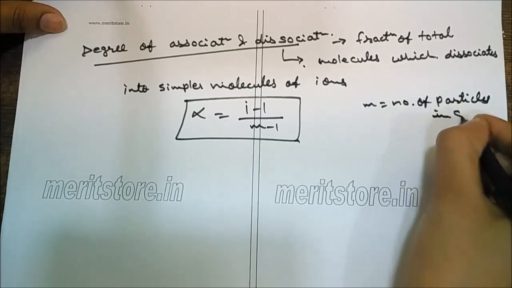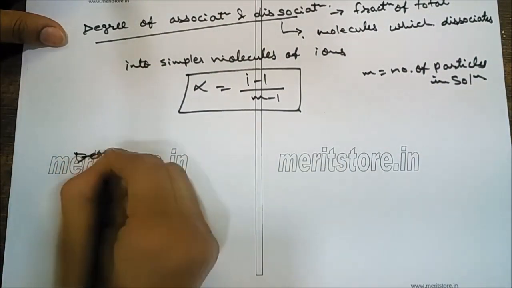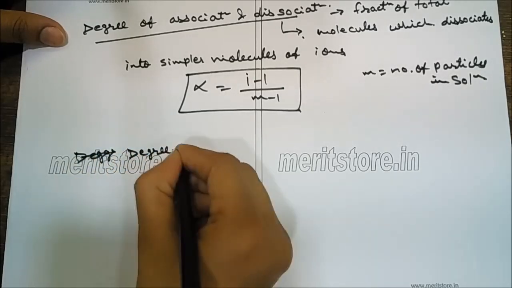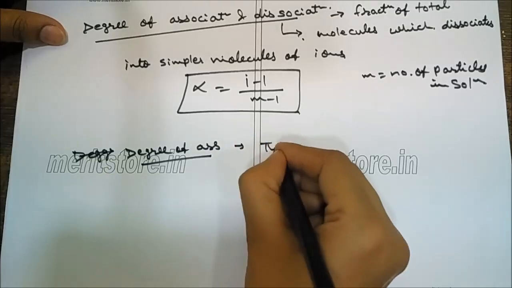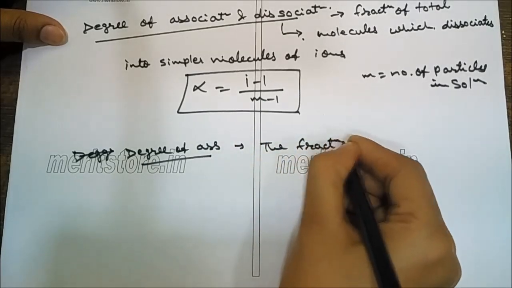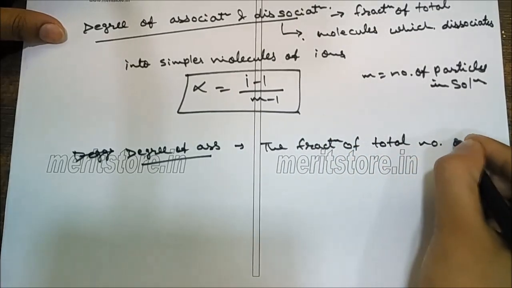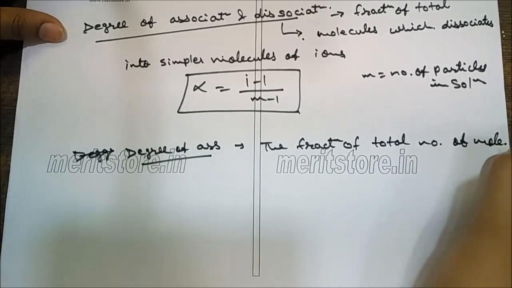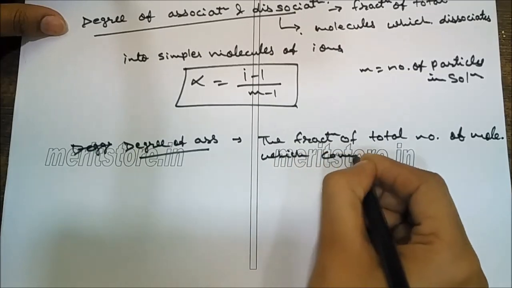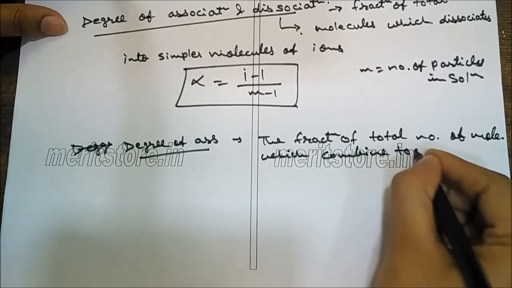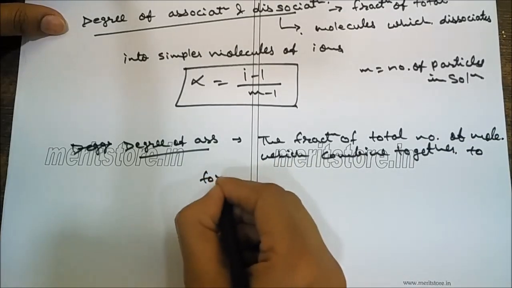And degree of association is the fraction of total number of molecules which combine together, or associate together, to form a bigger molecule.